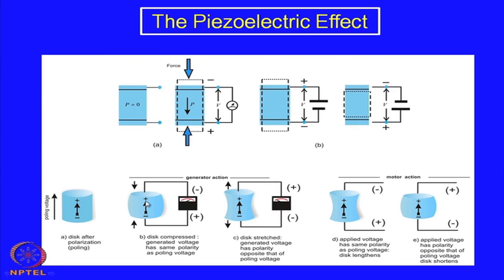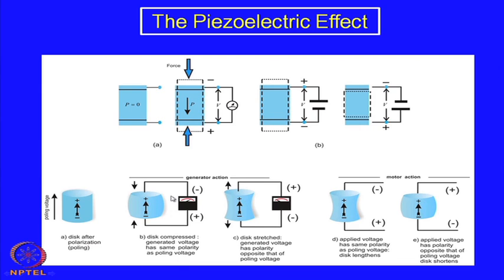So, if this is the poling direction, positive at the top and negative at the bottom, and one tries to compress that material along the axis of poling, this is the poling axis, then you generate a negative charge on the positive side and a positive charge on the negative side. So, the compressed disc generates a voltage that has the same polarity as the poling voltage.